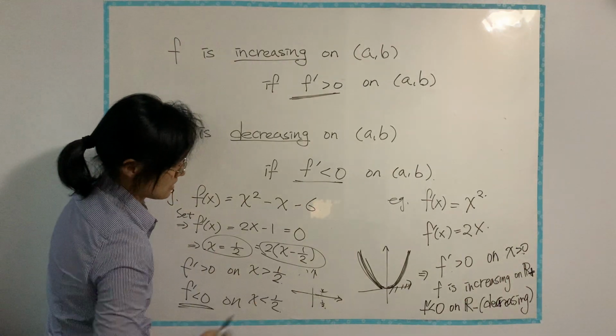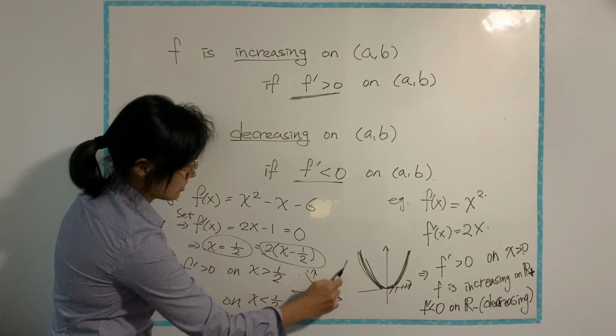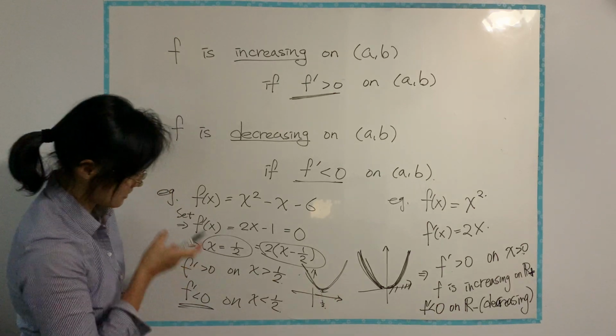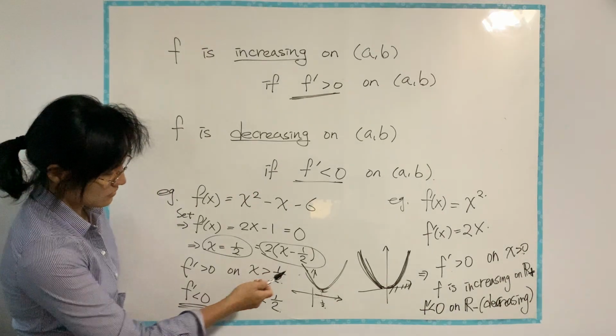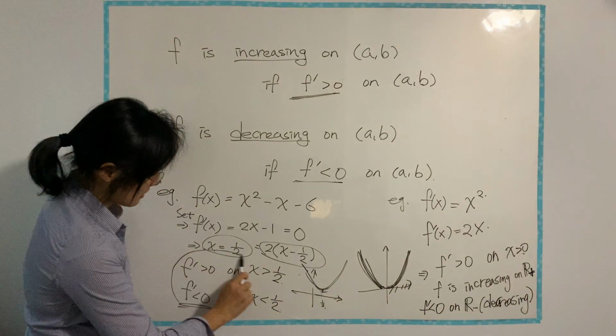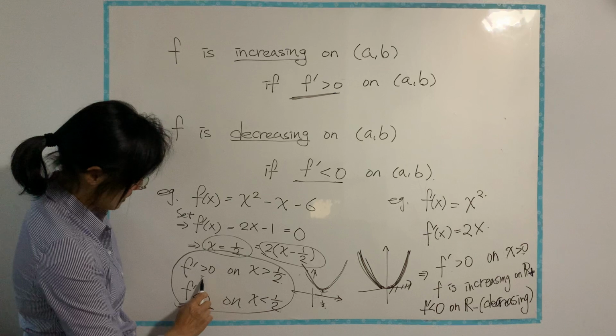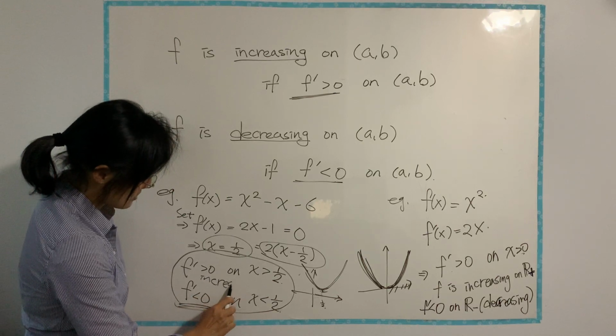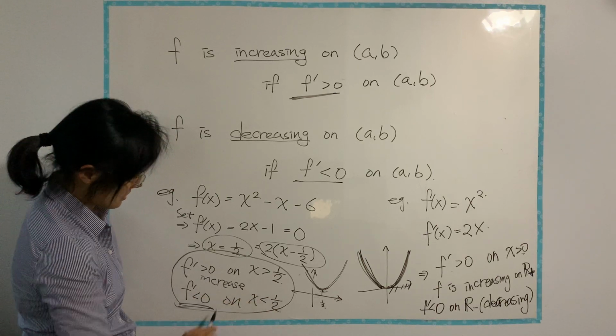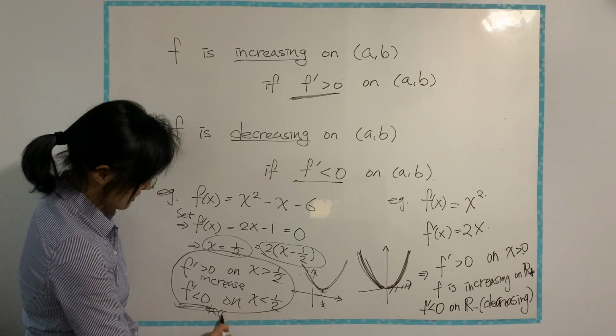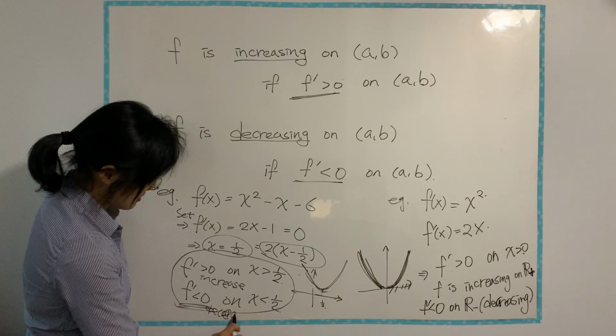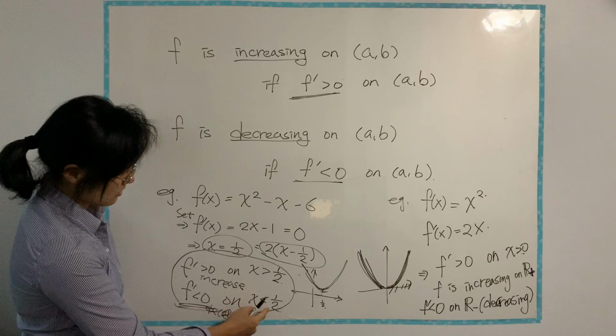Okay, and because it's a polynomial, I know roughly it looks like this. Okay, but that's a different story. So this tells me f increases there, and decreases over there.